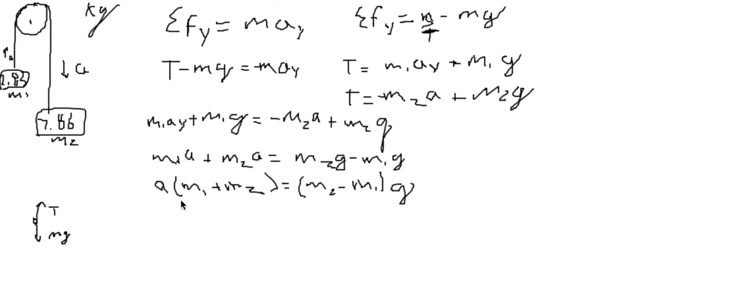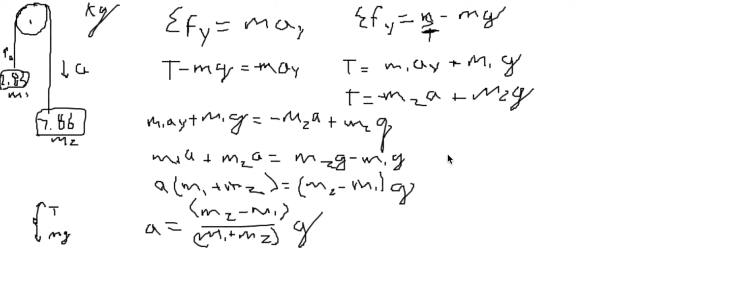Now we just have to divide this over to find the acceleration. Acceleration is equal to M2 minus M1 divided by M1 plus M2 times the gravity.